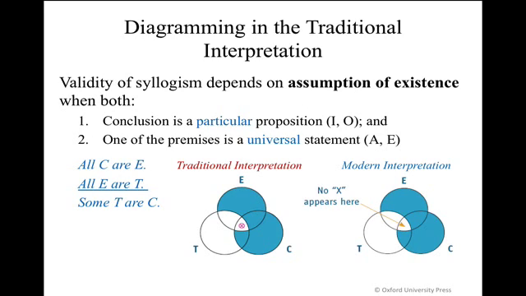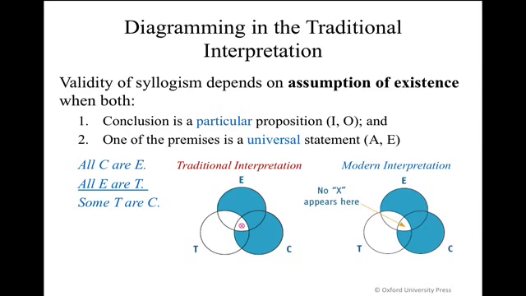So recall the difference between assuming the existence of at least one member of the class in a universal claim, and by at least one member of the class, we mean the subject class. So when we diagram the universal affirmative, we shade the area of S that's outside of P. And then when we assume the existence of at least one member of the subject class, we put an X in the SP area of overlap, and the assumptive part of that diagram is putting that X in a little circle.